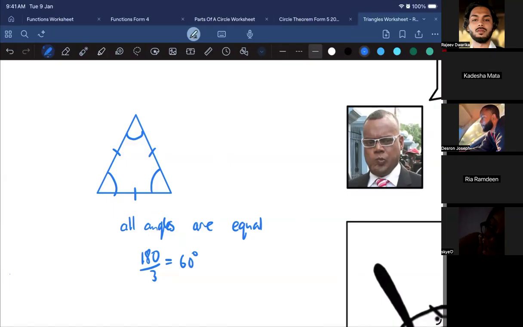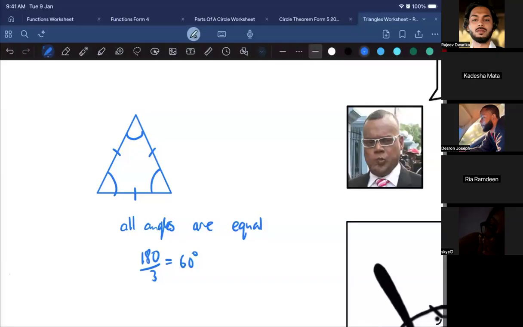I'm saying that in an equilateral triangle, each of the angles will always be 60. It can't be anything other than 60. You know why I'm saying that? Because all angles add up to 180.